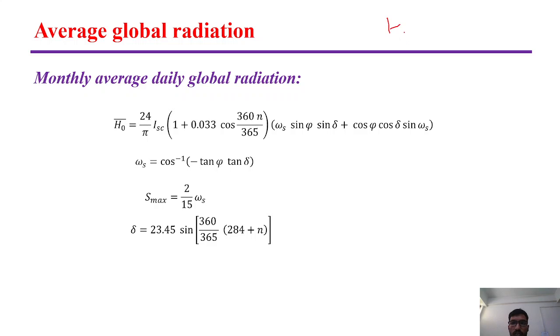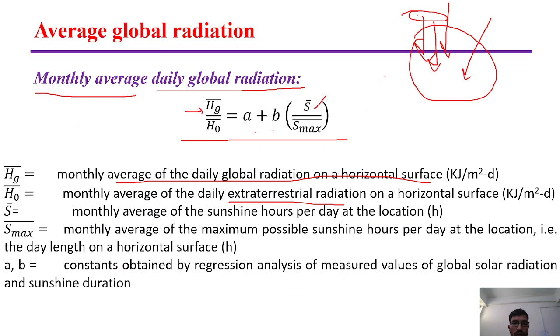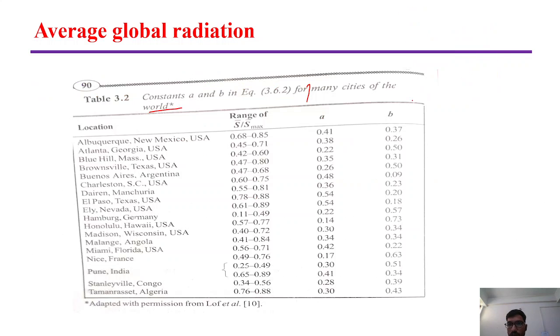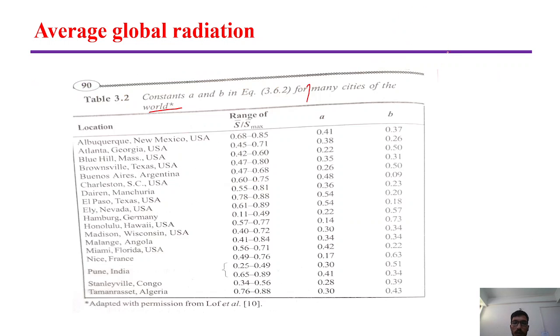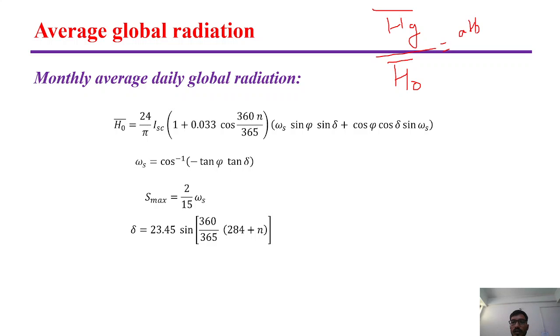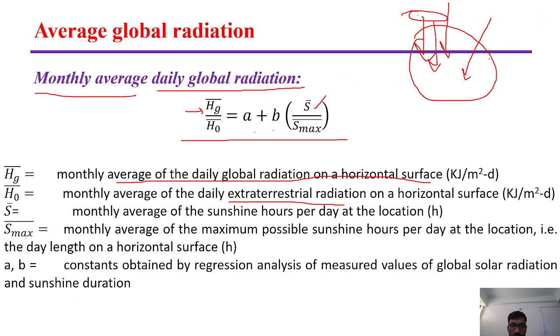We have to calculate Hg, the monthly average of daily global radiation on a horizontal surface, that we require, and the correlation to calculate it is Hg divided by H0, where H0 is the monthly average daily radiation on the extraterrestrial surface, equal to A plus B, the regression values, into S divided by S max. S is the monthly average of the sunshine hours per day, and S max is the monthly average of the maximum possible sunshine hours per day.